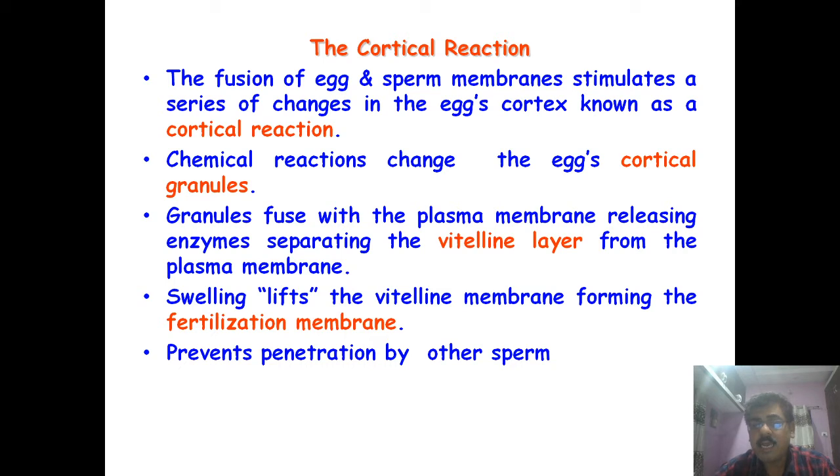Granules fuse with the plasma membrane, releasing enzymes that separate the vitelline membrane from the plasma membrane. Swelling lifts the vitelline membrane, and thus there is a formation of the membrane that we call the fertilization membrane. And once the fertilization membrane is formed, it prevents the penetration of other sperm and prevents polyspermy.